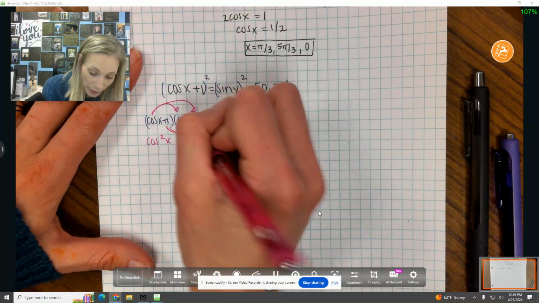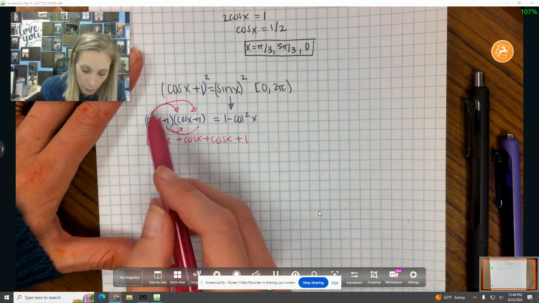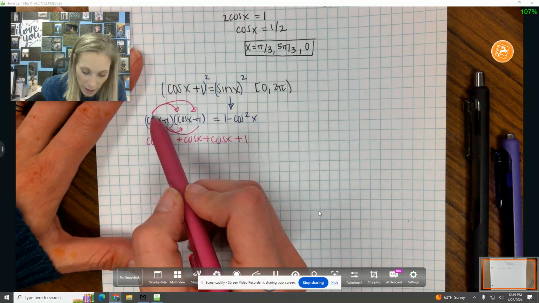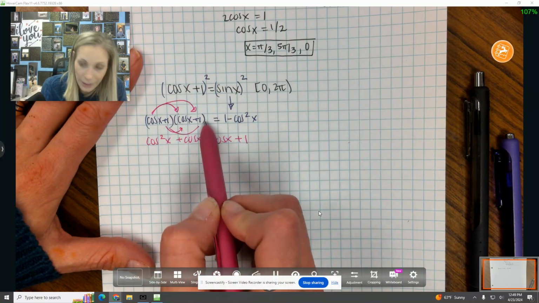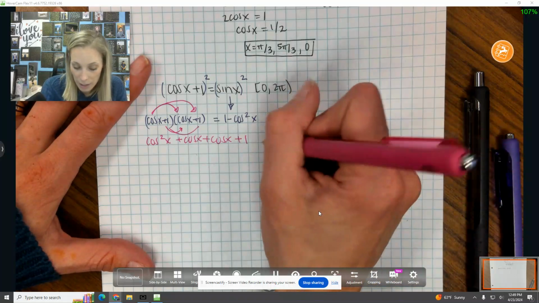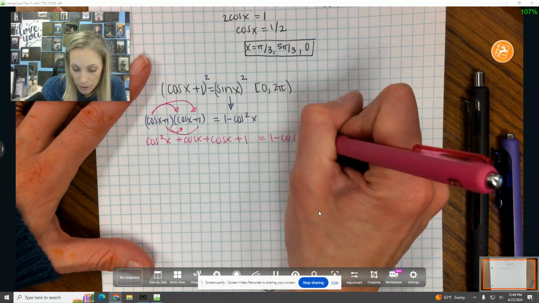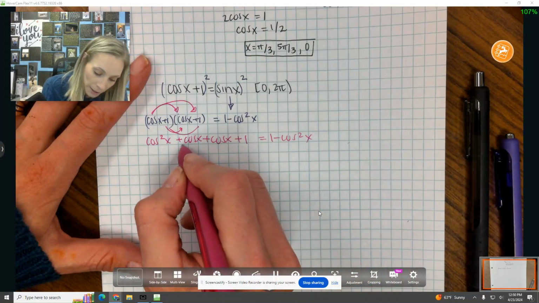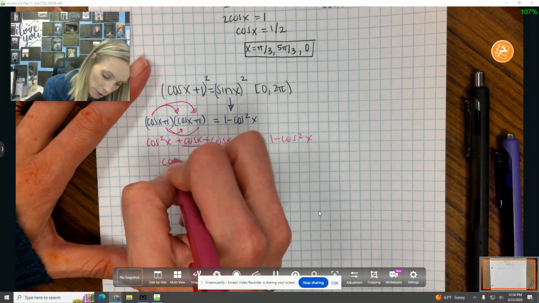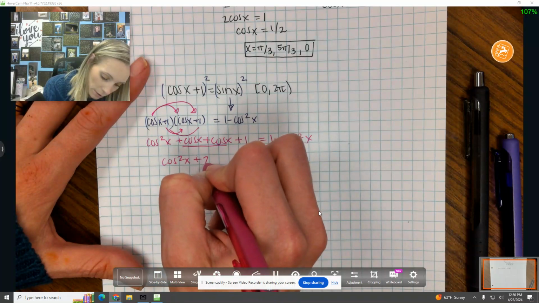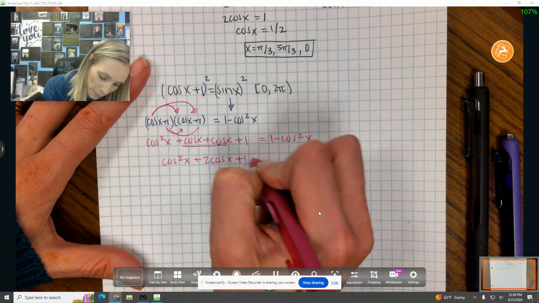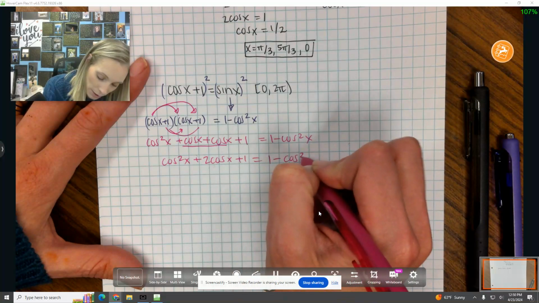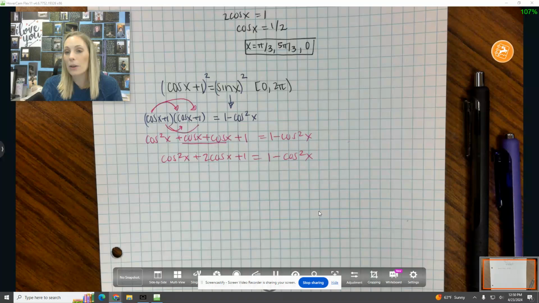This is called foiling. You do first, outer, inner, last. And this all equals 1 minus cosine squared of x. You're going to combine your like terms. You have two of them. So you have cosine squared of x plus 2 cosine of x plus 1 equals 1 minus cosine squared of x. Now, the fun thing about this is everything is in terms of cosines.